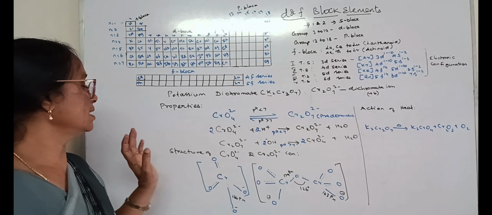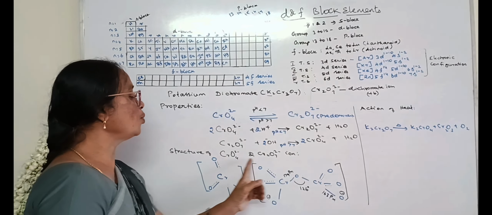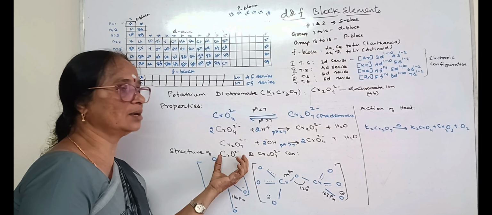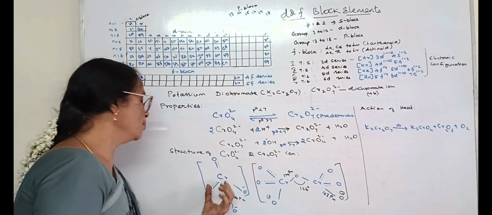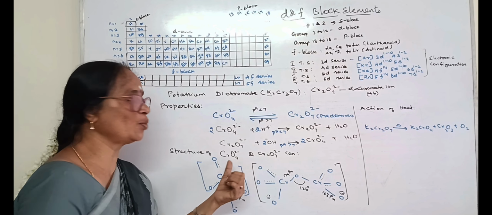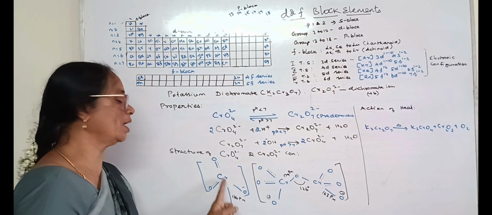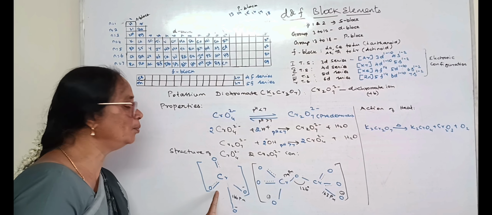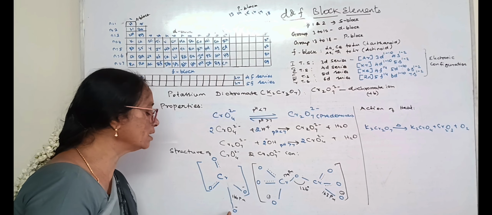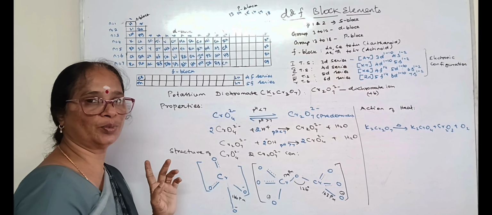Let us find the structure of chromate and dichromate ion. In this, the chromium is the central atom, to which the oxygen atoms are tetrahedrally bonded. Here the valency of oxygen is 2, and hence with the central chromium the oxygen can have a double bond, and the 2 more negative charges can lie over the oxygen atoms, which make single bonds with the central chromium.